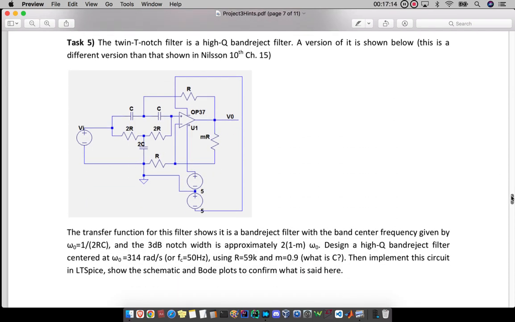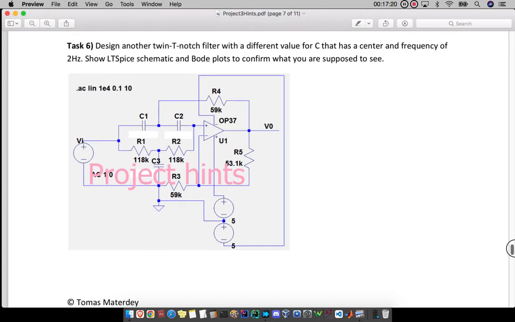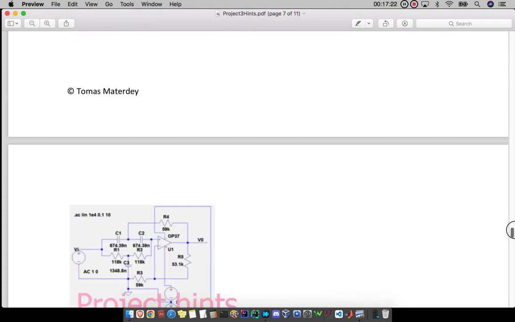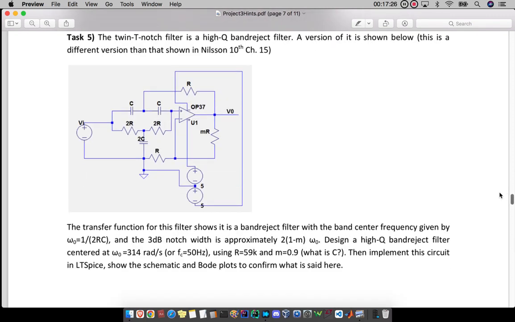All right, so then tasks 5 and 6 involve a twin T-notch filter. Task 5, twin T-notch filter, has a high Q band reject filter. A version of it is shown below, and a different version is shown in the 10th edition of the textbook, chapter 15.